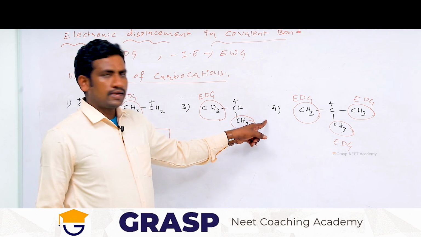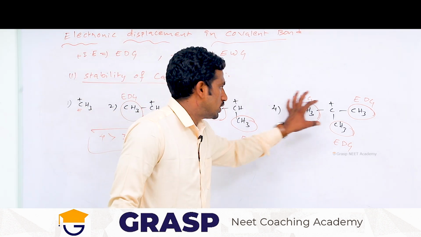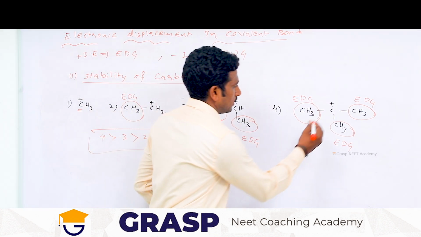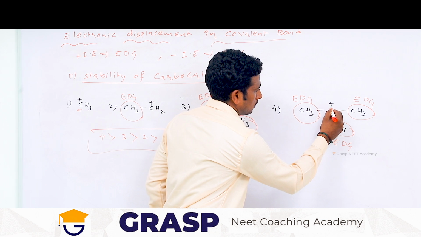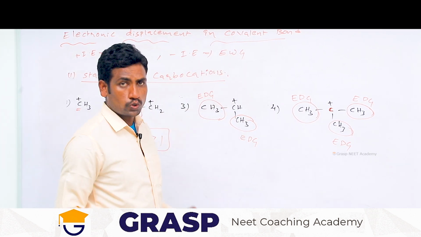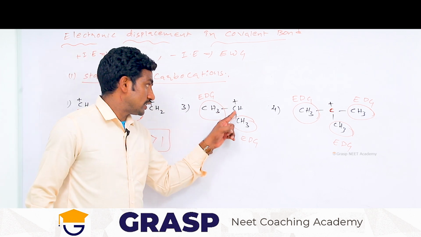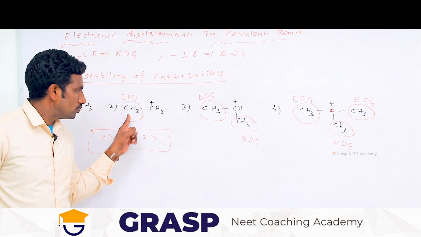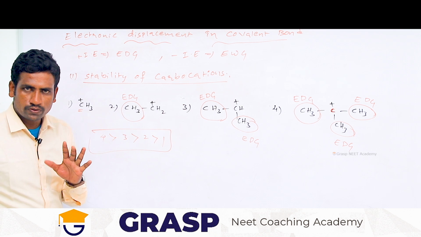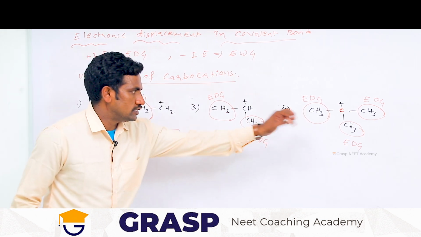In the fourth case, three donor groups are attached to this carbocation. That is why it is more stable. Donors are more, that is why it is more stable. Here two donor groups are attached to the carbocation, here only one donor, and here no donor groups, no withdrawing groups.